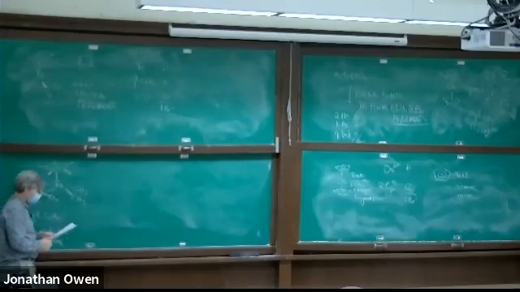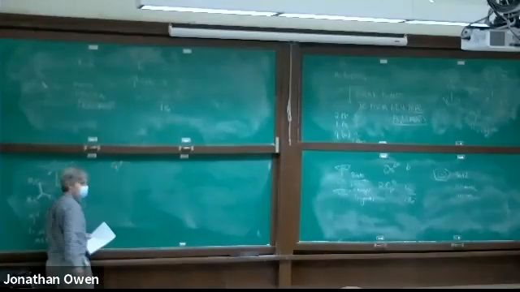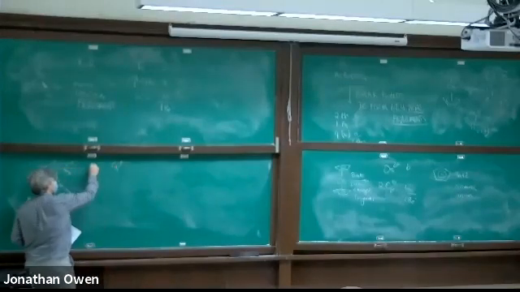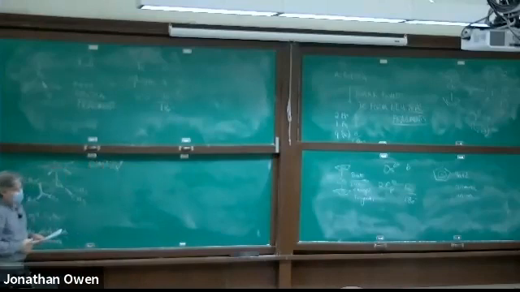Let's break this thing into neutral fragments. Cp star, this is the same thing as C5Me5. How many electrons for Cp star? It's still an eta-5, right?